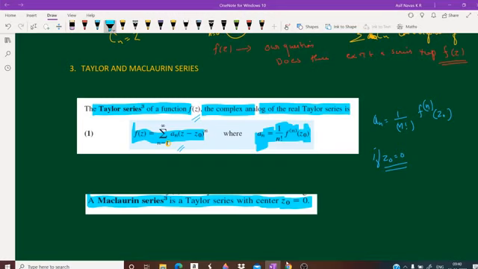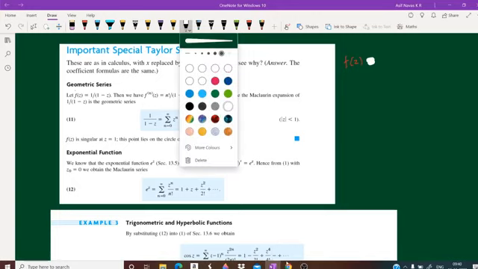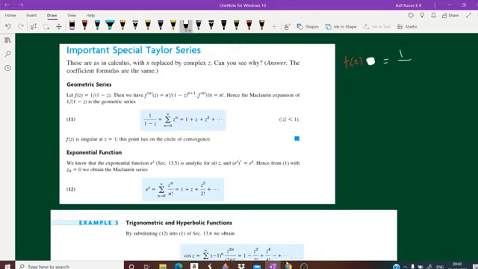Okay, so now we will discuss a few examples. The first example is f of z equal to 1 by 1 minus z.